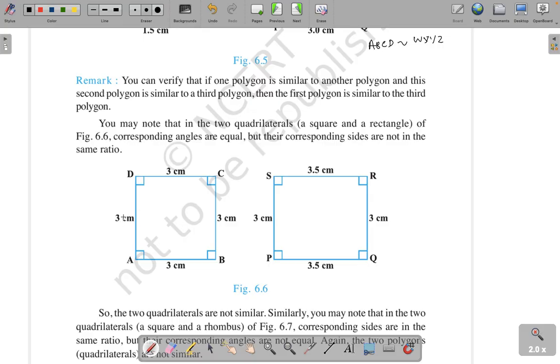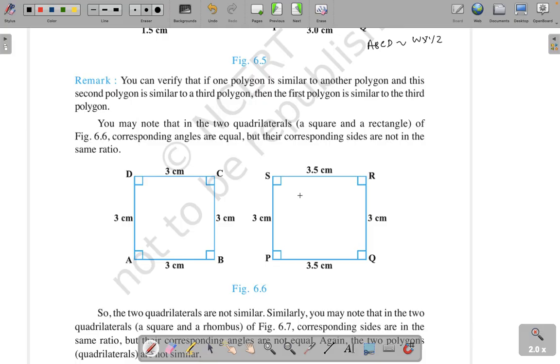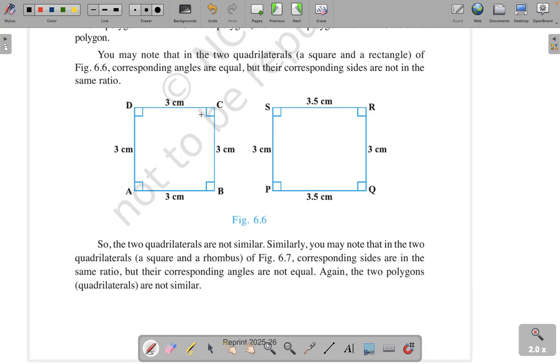For the sides to be proportional, AD upon PS is equal to 1, whereas DC upon SR is not equal to 1. So the sides are not proportional. That is why these two figures are not similar. This is what the examiner is expecting from you when you are given such a question.